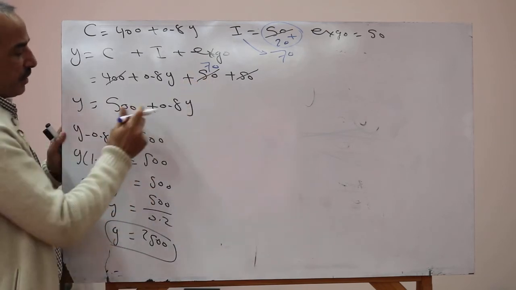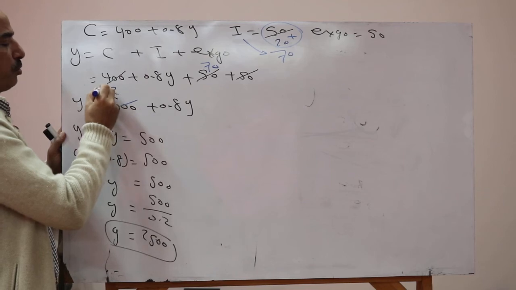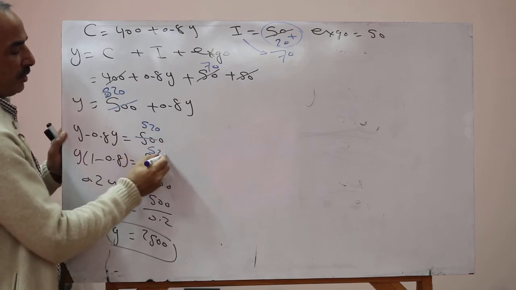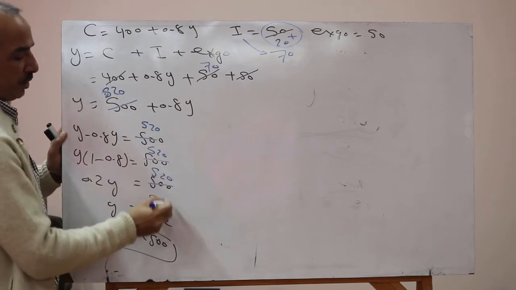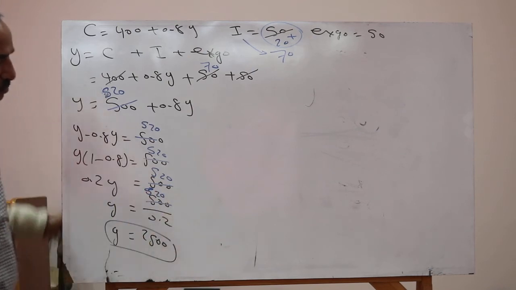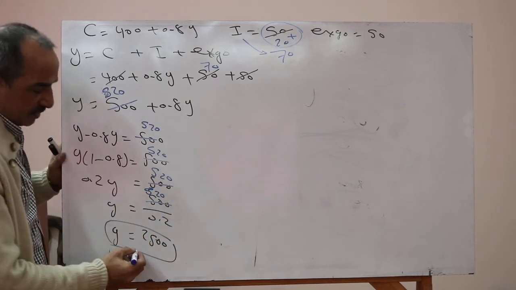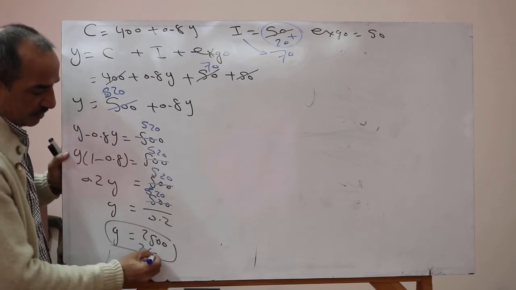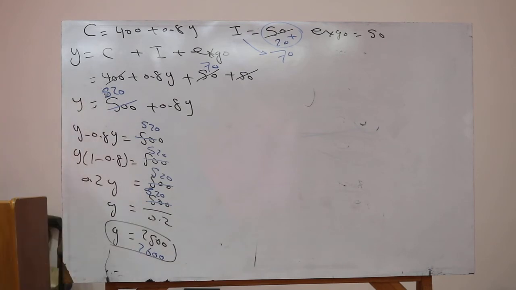Okay? Try it. So this is 520. This meaning 3, this meaning 2, 600.